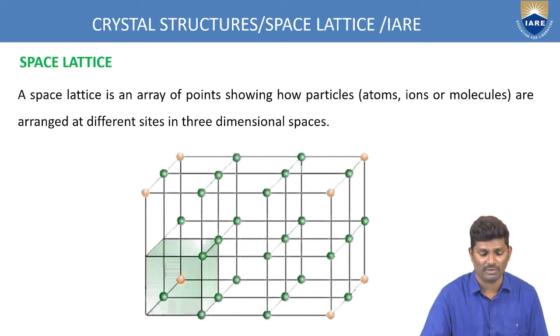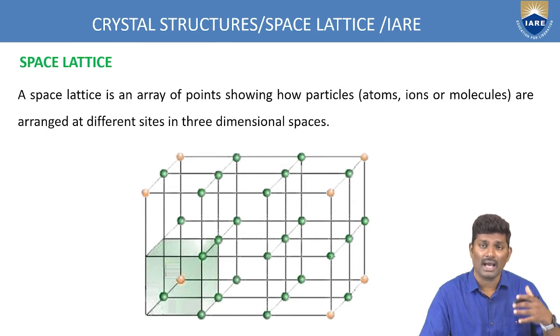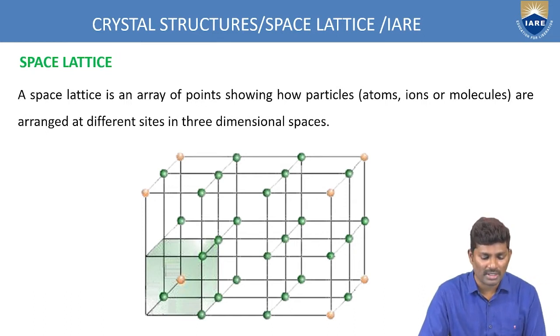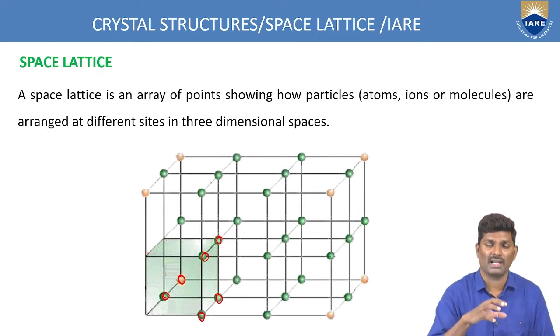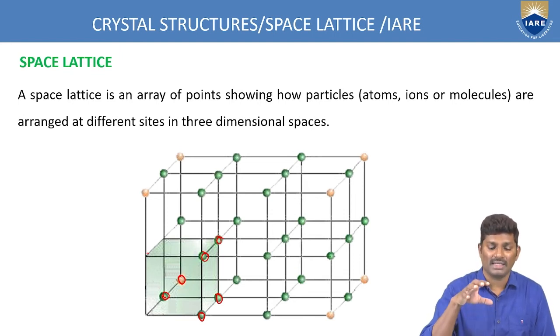So this is a three-dimensional view in space. It is an array of points showing how these atoms, molecules or ions are arranged at different sites. Whether they are arranged in a cubical way, hexagonally or spherically, you can find out by this space lattice. That's why the space lattice is nothing but an array of points.